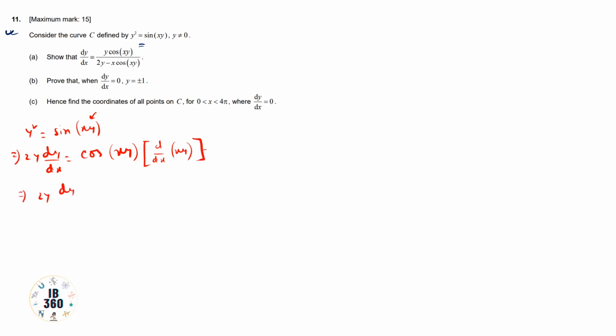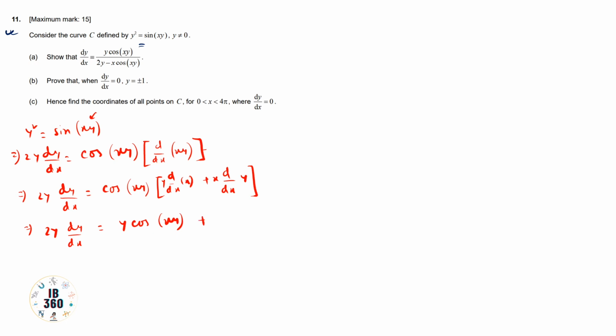So 2y dy/dx is equals to cos of xy, and for this d/dx of xy, that is y d/dx of x plus x d/dx of y. So from here we are getting 2y dy/dx is equals to y cos of xy plus x cos of xy dy/dx.